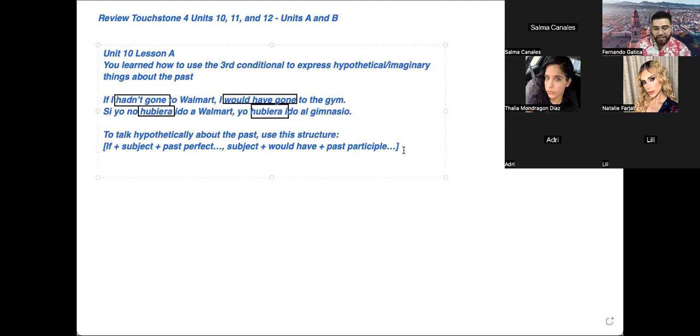What would be this sentence in English? Si me hubiera levantado temprano, hubiera desayunado. How could I say the sentence in English? Anybody?